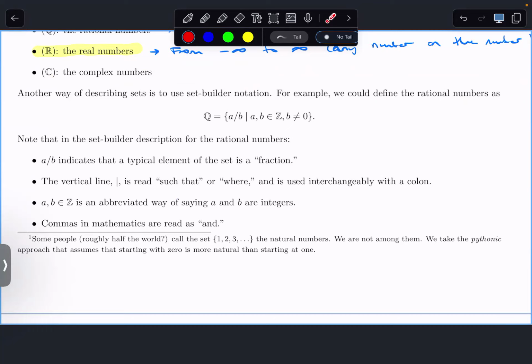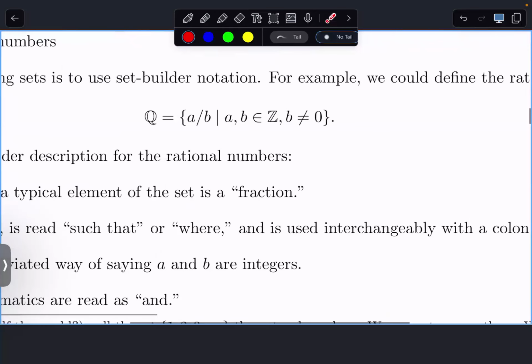Describing elements in a set can be quite tedious, so it's often really nice if we're able to condense and summarize it in a clean way. One of the ways we can do that is set builder notation. It looks something like this: the set of rational numbers, Q. We already said rational numbers are fractions.